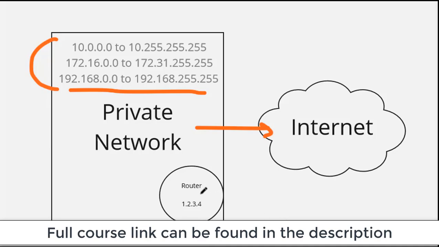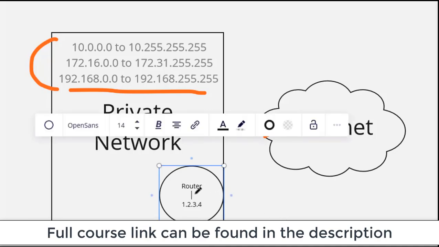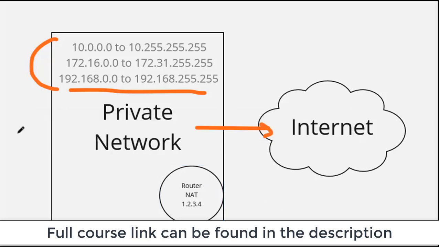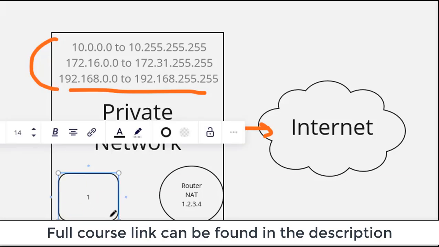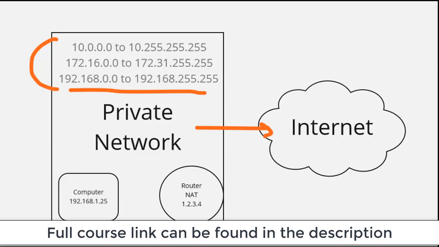But basically, let's assume that this router can perform NAT, network address translation. And here I'll add a computer to my diagram. Let's say that this guy is 192.168.1.25. So that's the address of one of my computers, and this computer needs access to the internet.